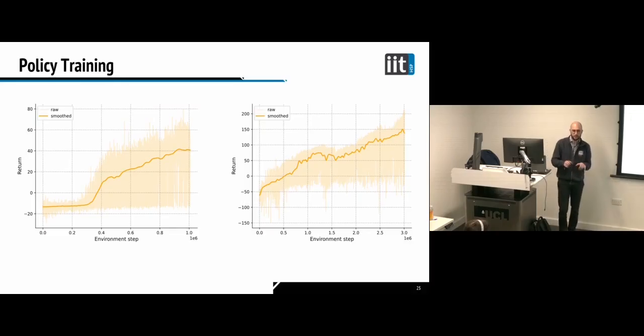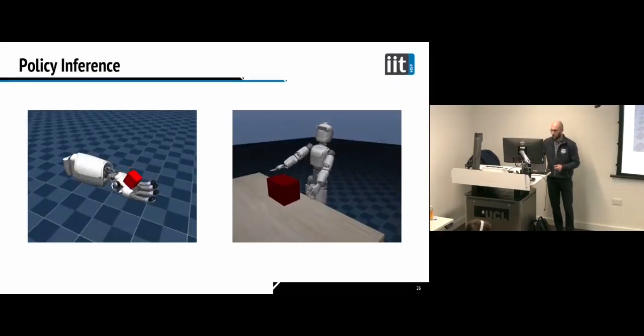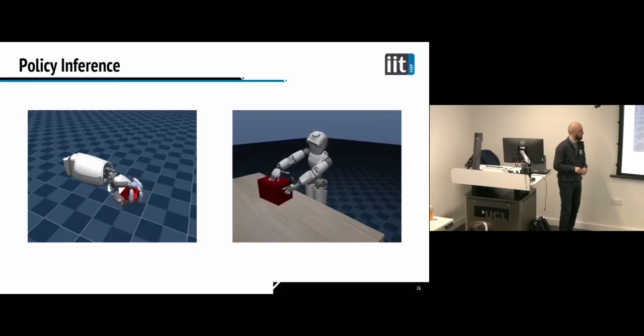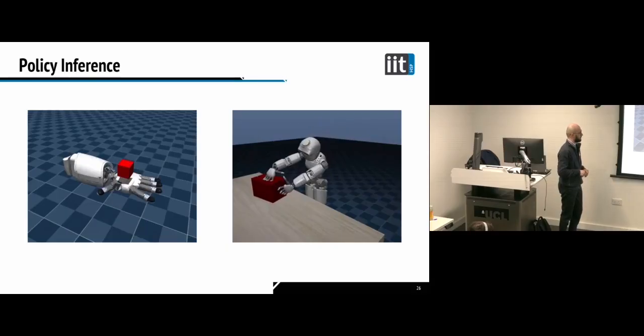With the same settings, we train the two policies. We can monitor, for example, the return, just as an example, and we can see how they behave. It's a simple case, but these two settings share the same reward and the same policy structure.